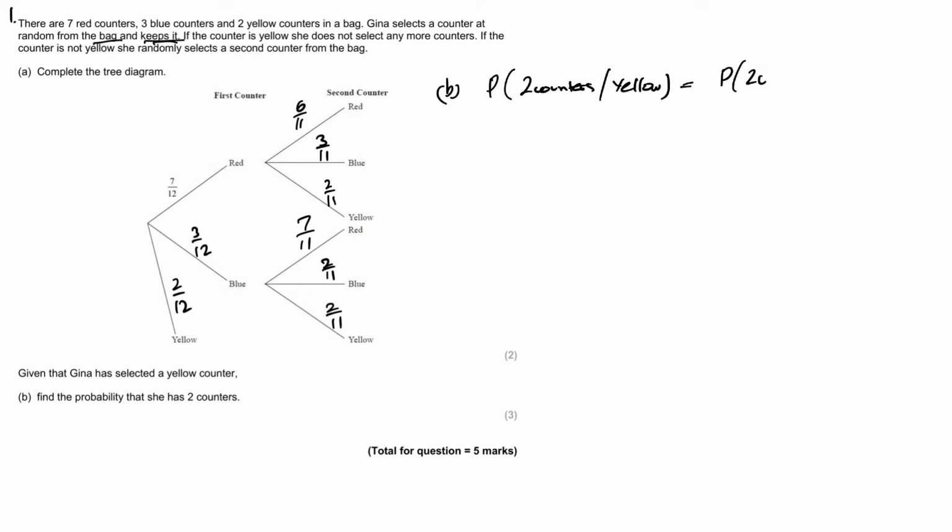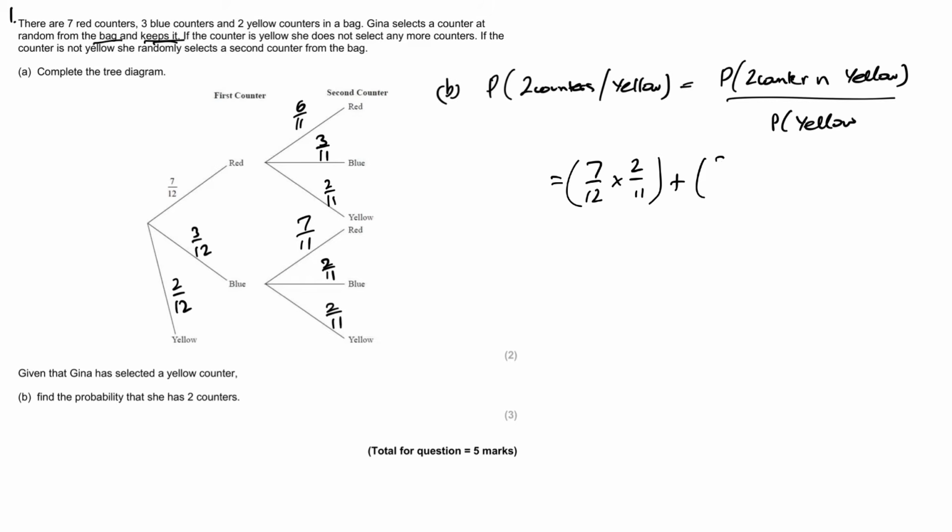So it's the probability of 2 counters and yellow, over the probability that it is yellow. So 2 counters and yellow is what I was saying, red and yellow, and blue and yellow. So that is red and yellow plus blue, which is 3 over 12, and yellow, which is 2 over 11.